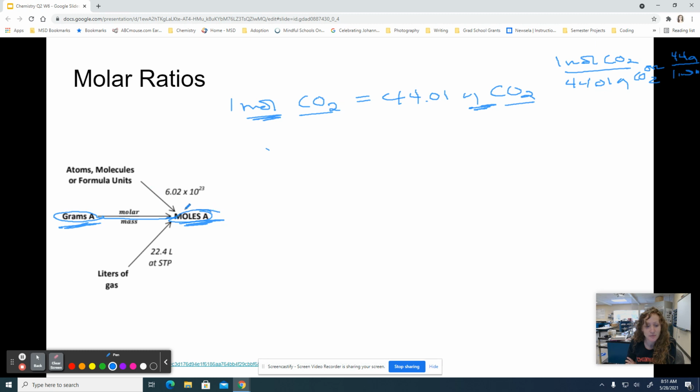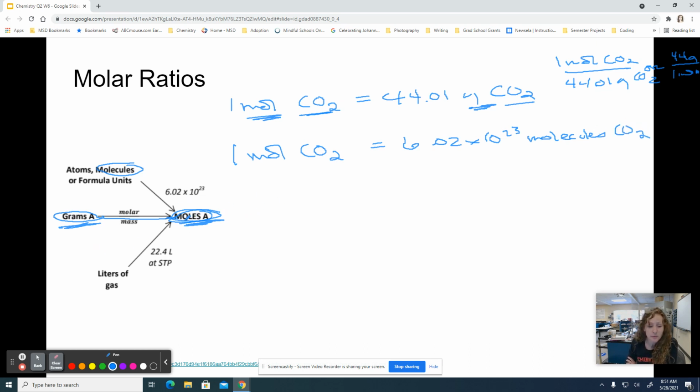We can do the same thing for moles to particles. In this case, carbon dioxide, the molecule, so I'm going moles to molecules. 1 mole of carbon dioxide is equal to 6.02 times 10 to the 23rd molecules of carbon dioxide.